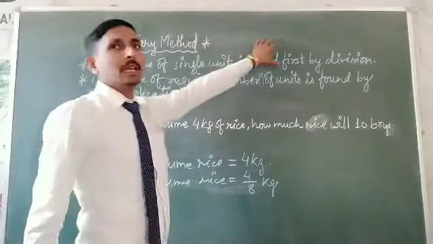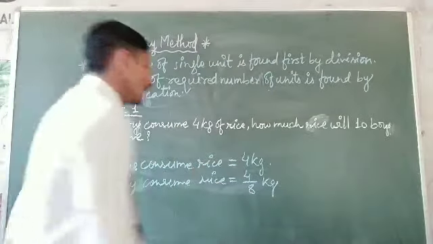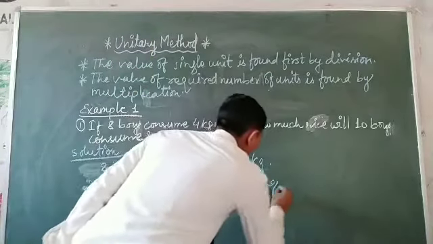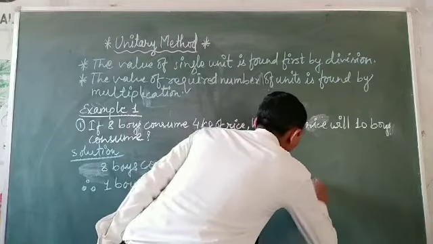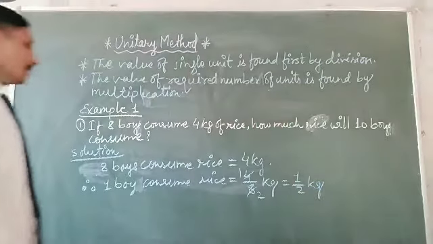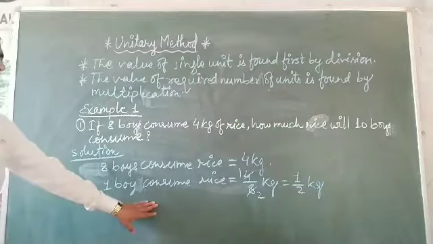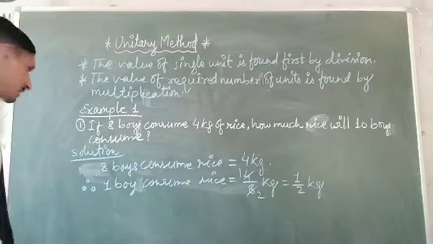Find the value of a single unit, we have to use division. So 4 divided by 8 is half kg of rice. Means one boy consumes half kg of rice.